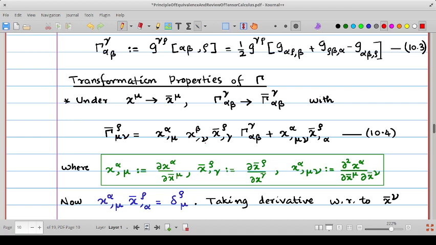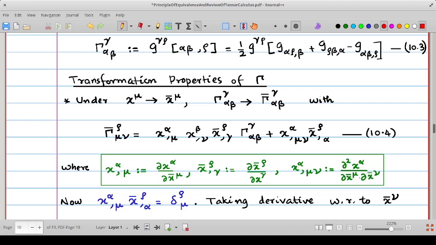So x beta comma nu would be the derivative of x beta with respect to x bar nu, and this quantity x alpha comma mu nu is actually a second derivative involving x bar mu and x bar nu. So x alpha comma mu nu is defined as d square x alpha by dx bar mu dx bar nu.